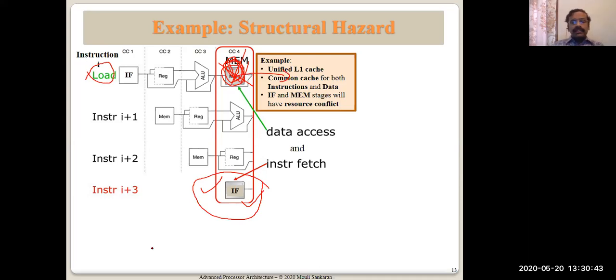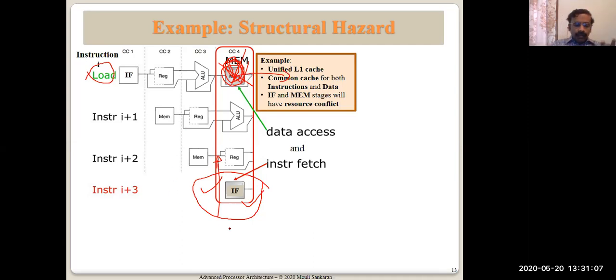Anyway, instruction execution is going to be stalled. This instruction cannot proceed further because the previous instruction is still stalled. As I told you, when there is a pipeline hazard, you should give priority to the instruction which will clear the block, which will make the pipeline proceed further.